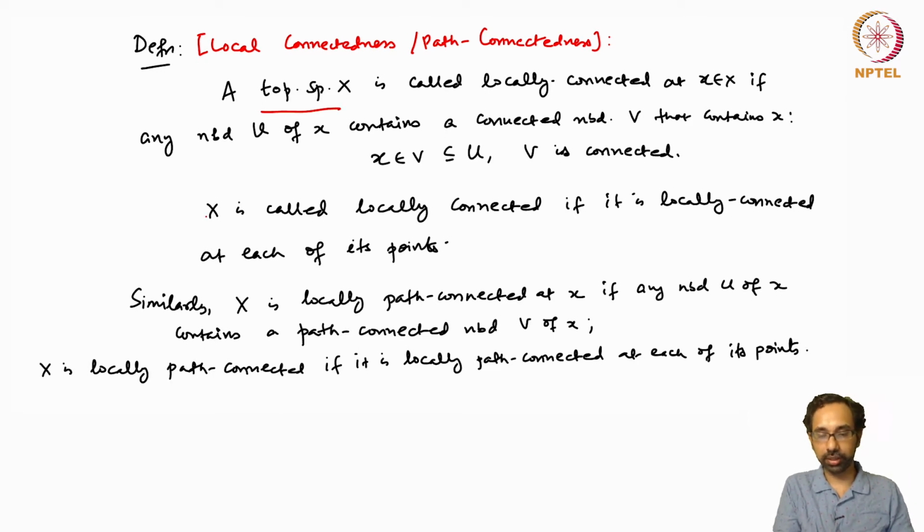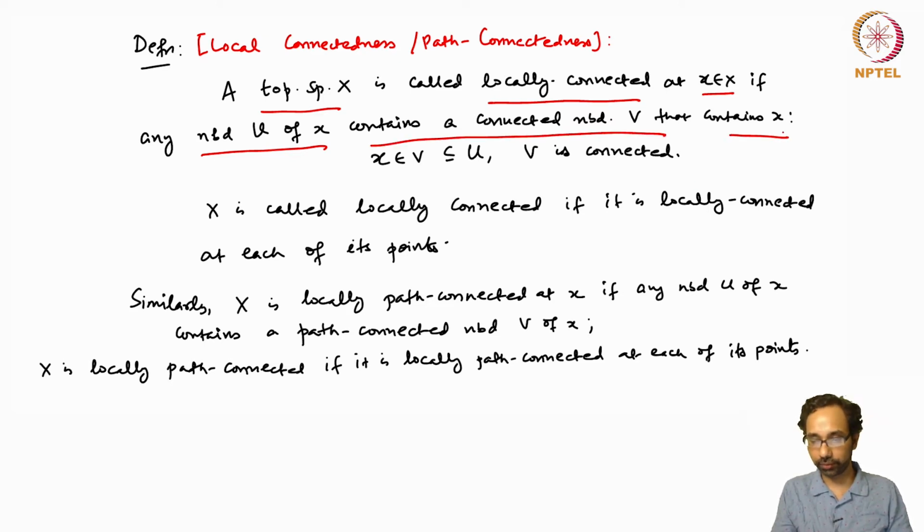A topological space X is called locally connected at some point x in X if any neighborhood U of x contains a connected neighborhood V that further contains x. So x is contained inside some V which is contained in U, and V is connected.